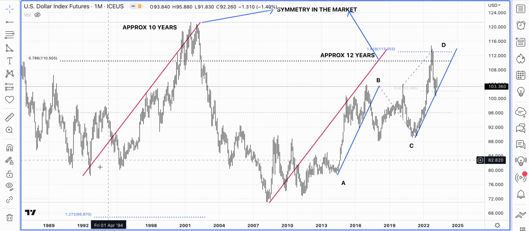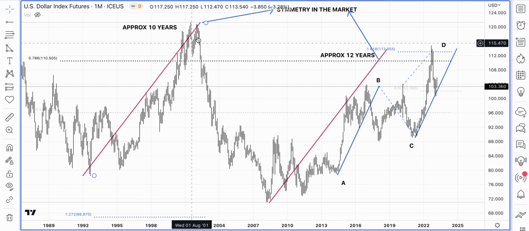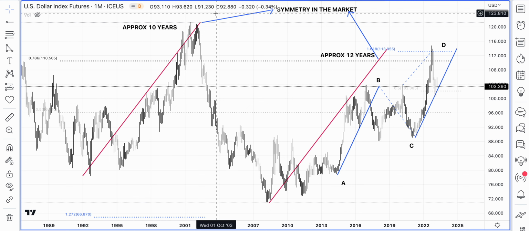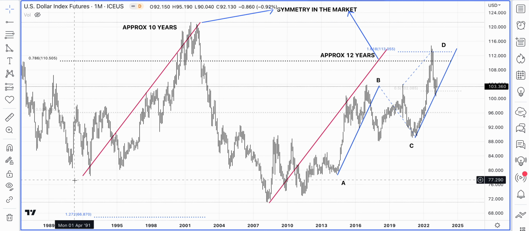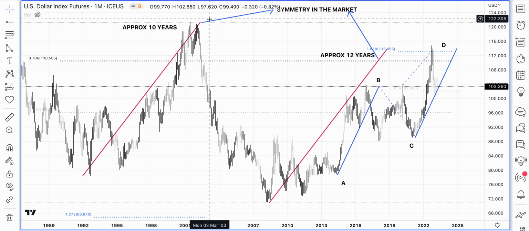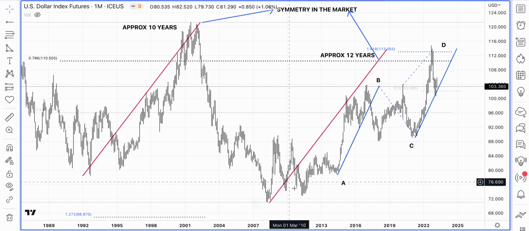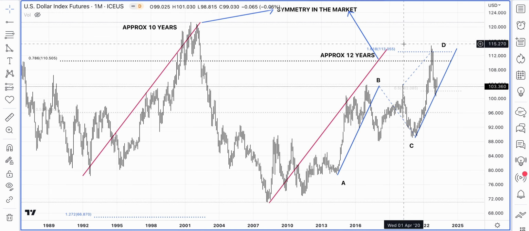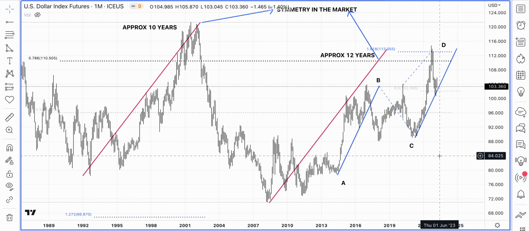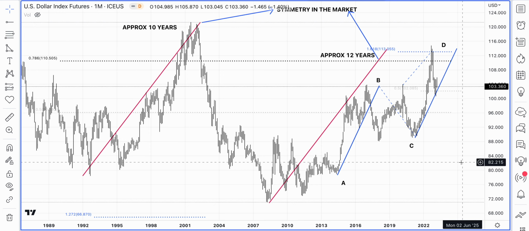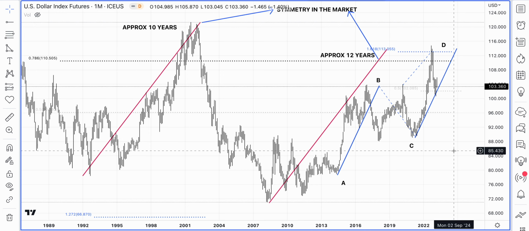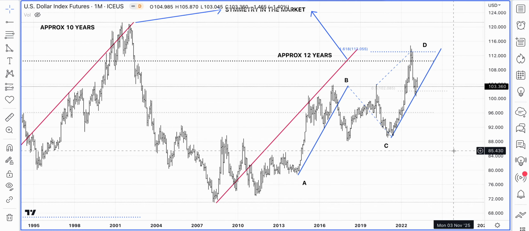Based on the historic pattern, we think the US dollar might have topped longer term, because if you go back to 1992, you can see it took about 10 years for the high to reach, and this time around it's been about 12 years. Based on that pattern and the symmetry in the market, if our analysis is correct, the US dollar might have topped longer term.